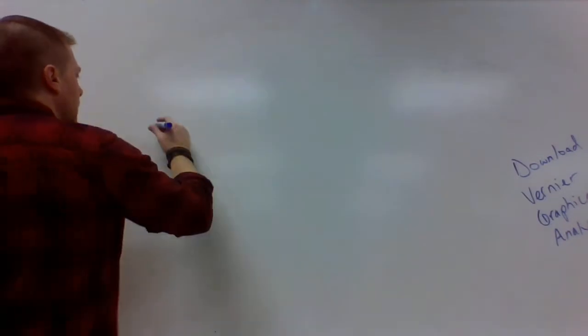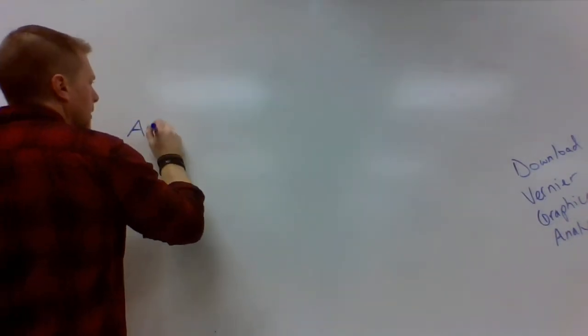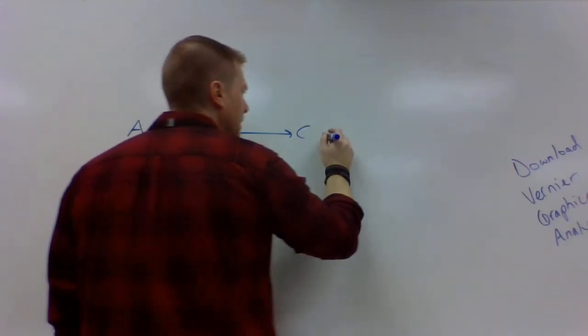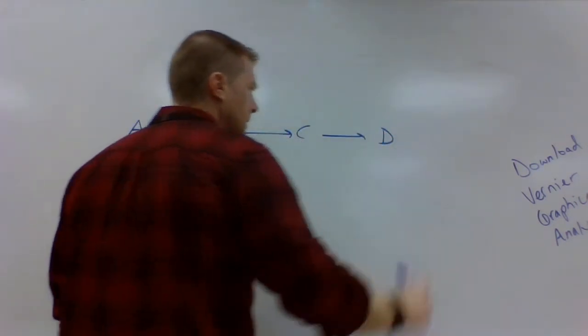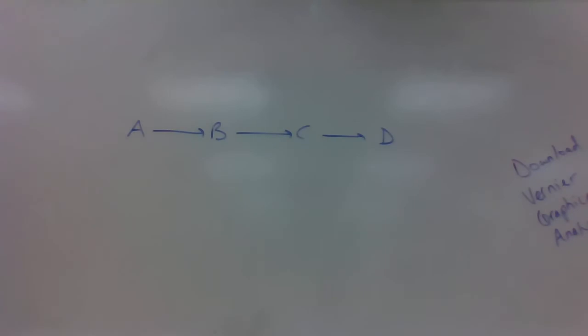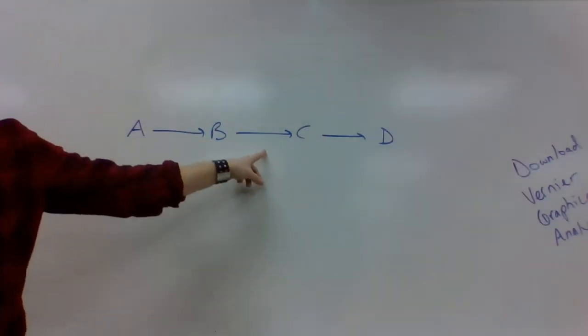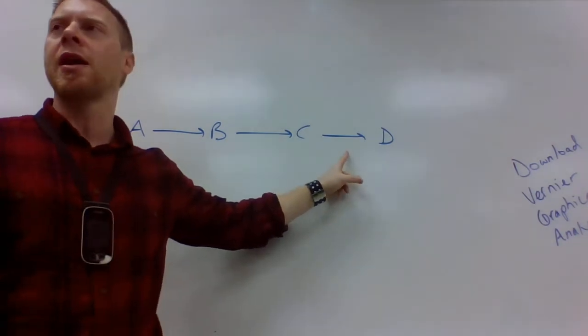So a pathway might look like this. You go from A to B to C to D. This is a metabolic pathway. How many chemical reactions are in this pathway? 3 chemical reactions: 1 here, 1 there, 1 there.